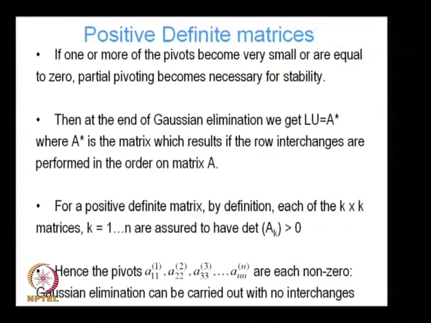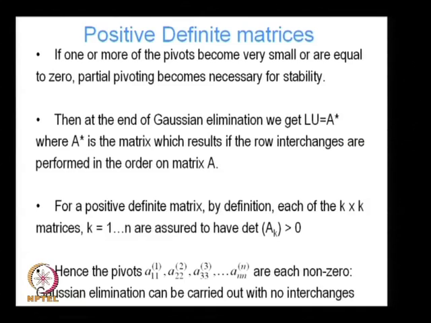So, we got an LU decomposition, but the LU decomposition we got is not the LU decomposition of my original matrix A. It is the LU decomposition of another matrix A star, which can be obtained by performing the same row interchanges which we performed in the course of Gaussian elimination on my original matrix A.